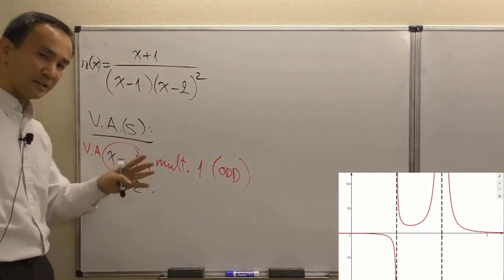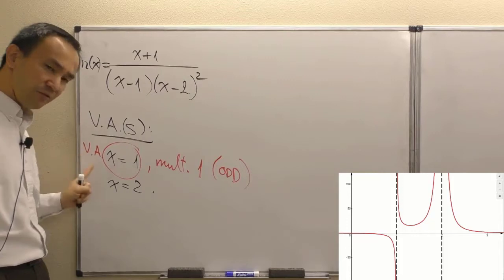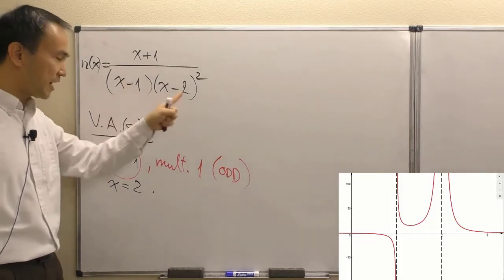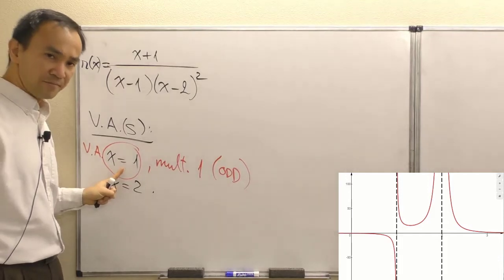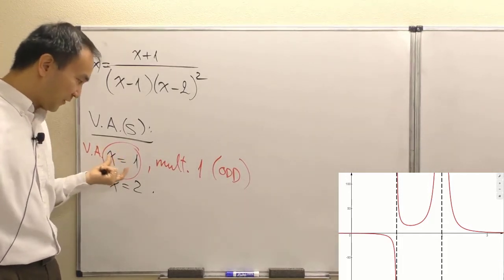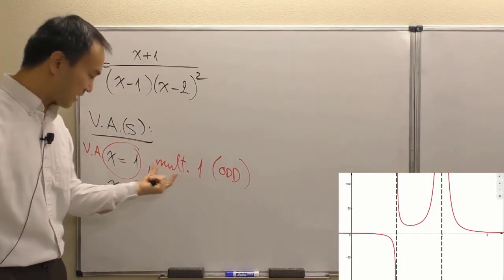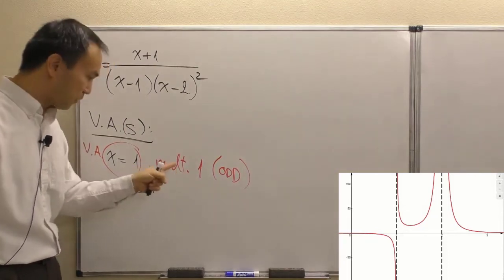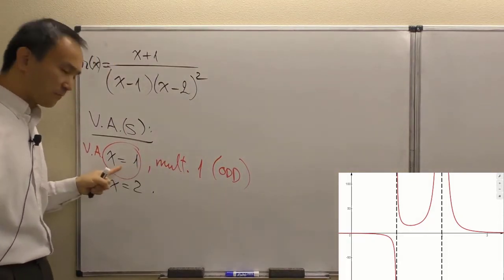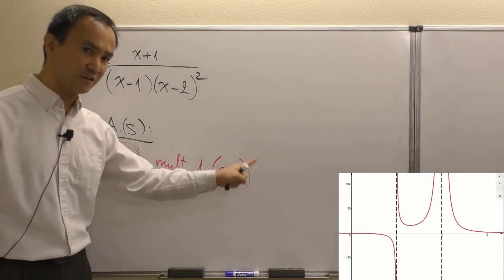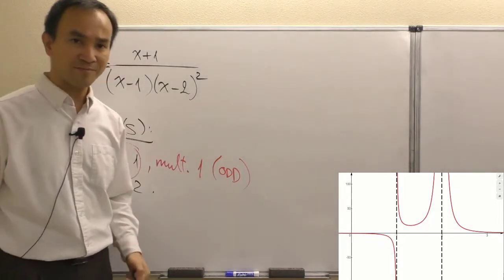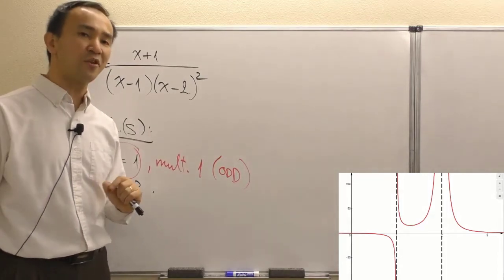We have a VA because our denominator, as a polynomial, has a 0 at x equals 1. And more specifically, we're going to see even further detail: the multiplicity of this 0 in the denominator is multiplicity 1, or more generally an odd multiplicity. Look at what the graph is doing right at x equals 1.